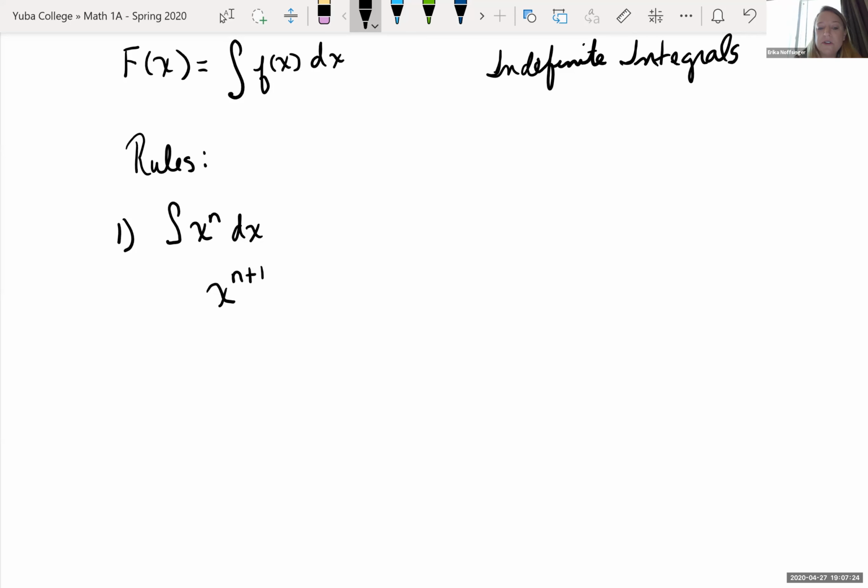When we took the derivative, we subtracted 1, so we're doing the opposite. Instead of bringing the exponent down in front as we did for the derivative, this time we're dividing by our new power, n plus 1. And then we had to say this is plus some constant c.